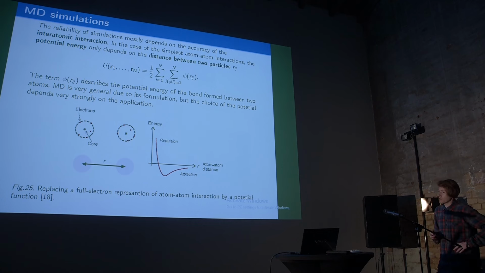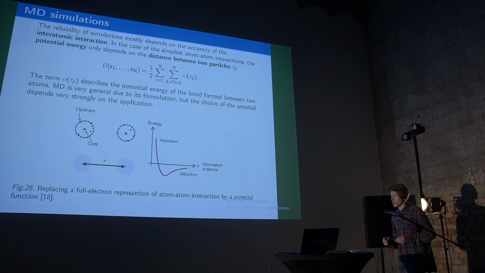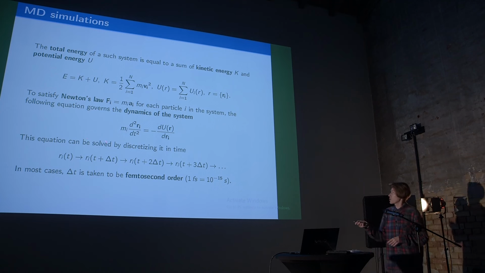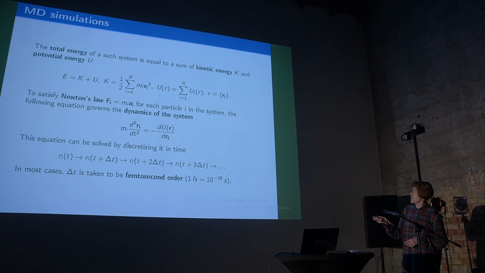Also, these functions can be obtained from theoretical approximations. For example, we can use quantum mechanics equations to describe how atoms interact with each other. But finally, if we know these functions, we can solve this system. So we know the masses, we know the function that gives the forces, and solve this.